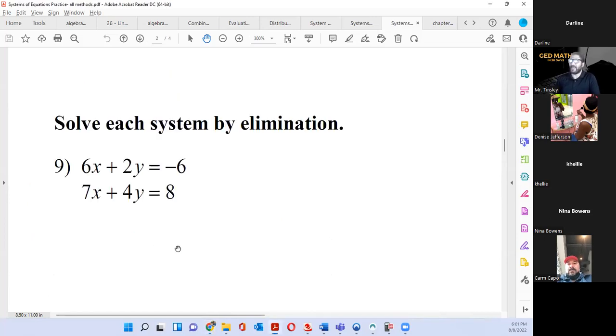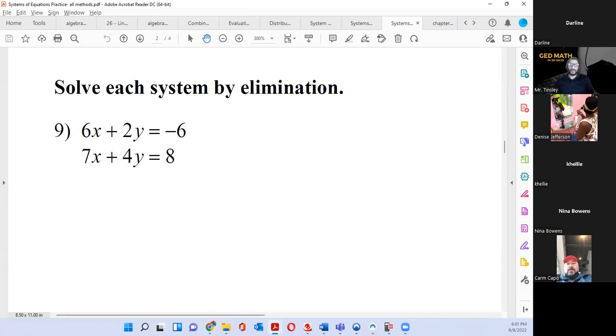So in number 9, 6 and 7 are too hard. The least common multiple between them will be like 42. That's too much. I'd have to multiply one equation by 7, one by 6. But here, I see 4y and 2y.